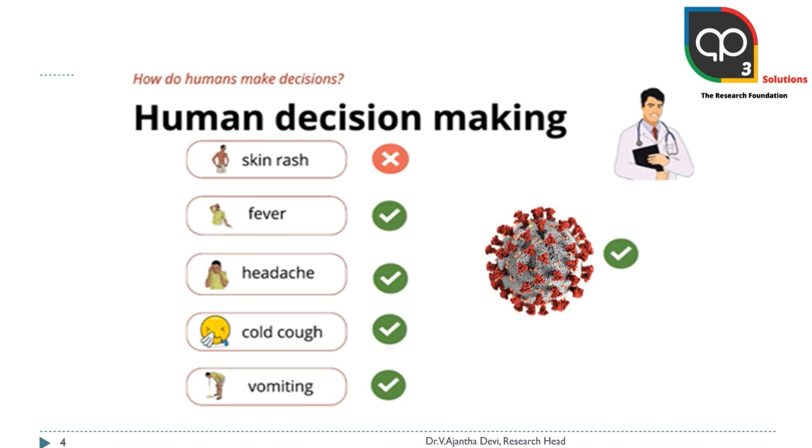If we take another patient, a different combination of features was exhibited. Here there are no skin rashes, but fever is there, headache is there, cold and cough is there, and vomiting is happening.